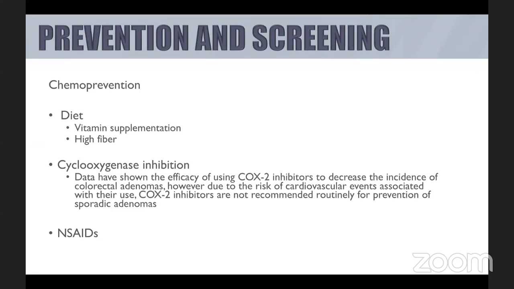There is data that COX inhibitors decrease the incidence of colorectal adenoma, but due to the associated risk of cardiovascular events, we don't recommend using them routinely. NSAID use, mainly aspirin, might lead to prevention of colorectal cancer, although there is no FDA approval or NCCN recommendation to use it as primary prevention for our patients.